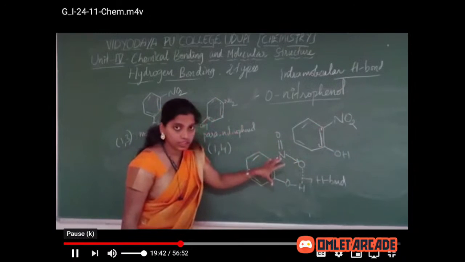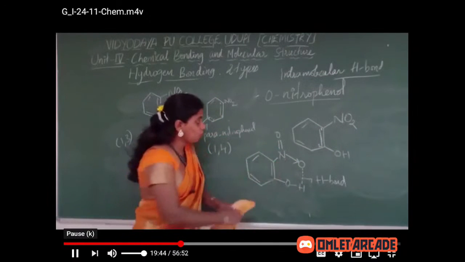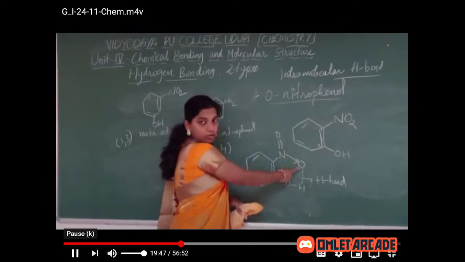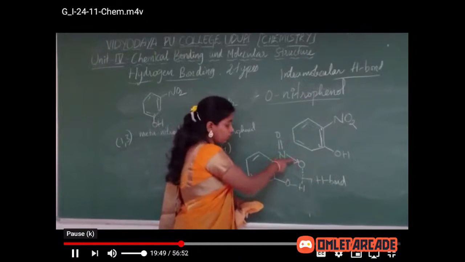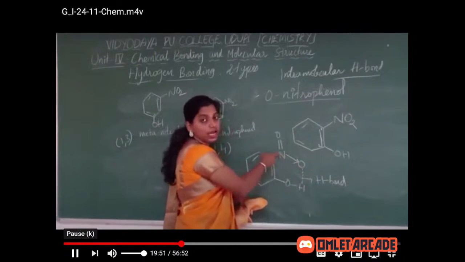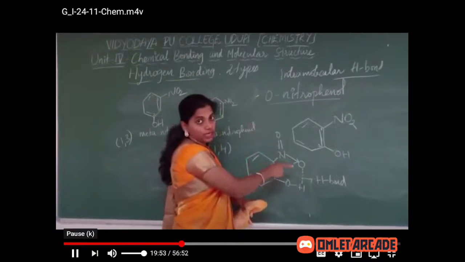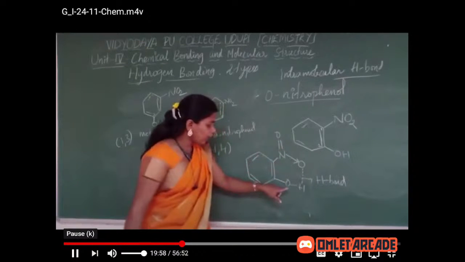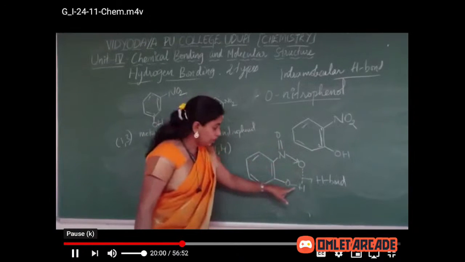If you elaborate, if you write the structure, it is like this: NO2, N double bond O and single bond O. Okay, and this bond is a coordinate bond, meaning nitrogen will give a pair of electrons. It is shared by the N and O. And this OH here, this is the covalent bond.